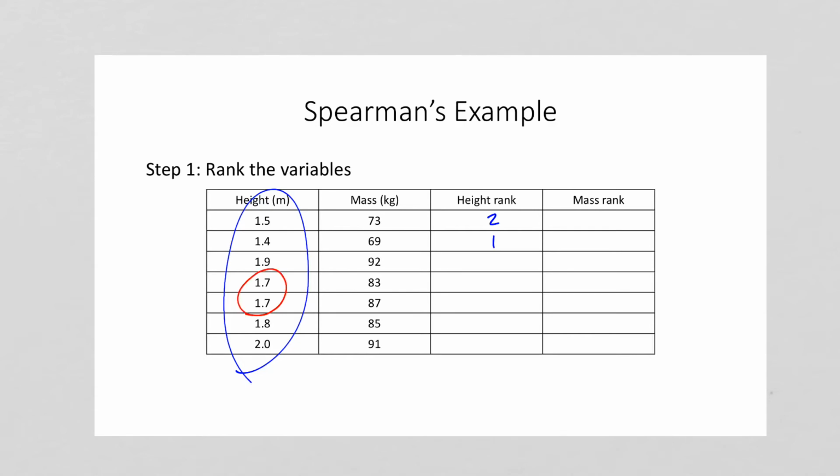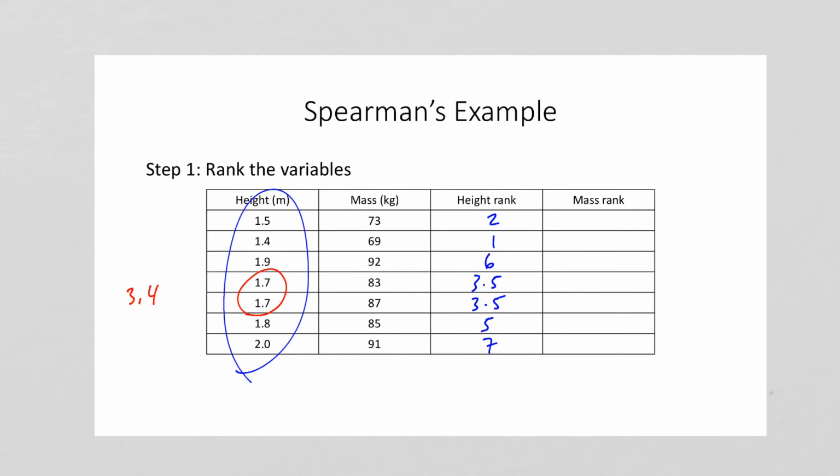So these are going to be my 3 and 4 ranks. I'm going to take the average of that for both of them, so it's going to be 3.5 and 3.5. I've already used 4, so now I have to go to 5, 6, and 7. Some of you might be asking, why didn't you do 4? I did. One of these 1.7s is 3, the other one is 4, so the following number is 5.